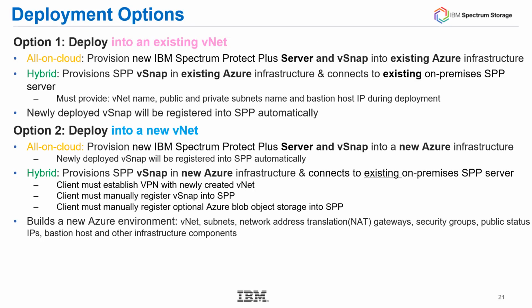Another choice that the customer has to make before deploying is if they're going to deploy into an existing VNet or into a new VNet. And so we can do both all-on-cloud or hybrid with an existing or new VNet.